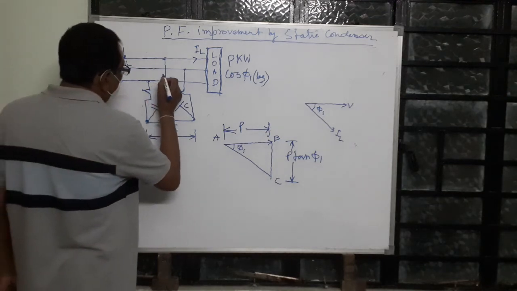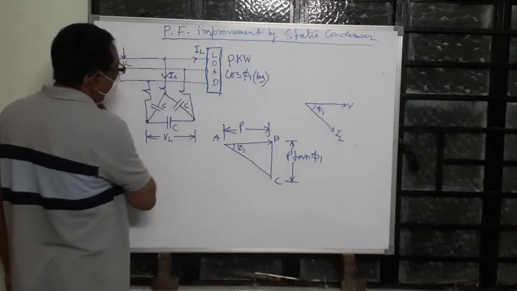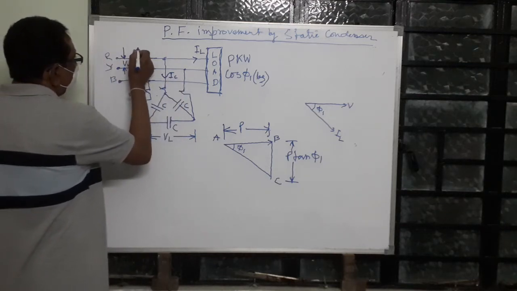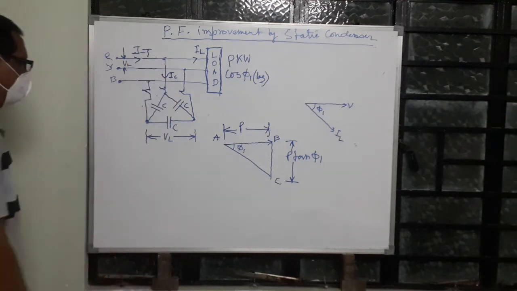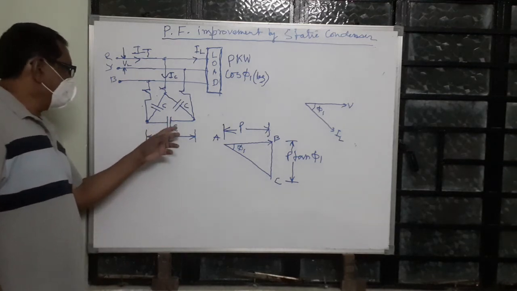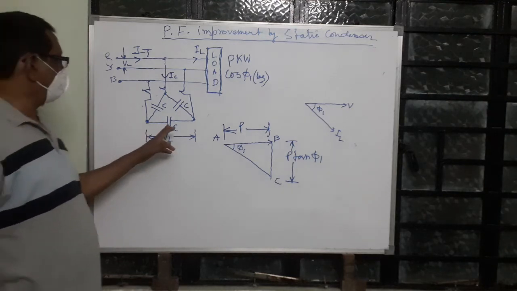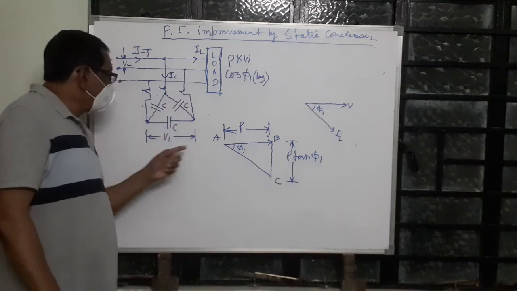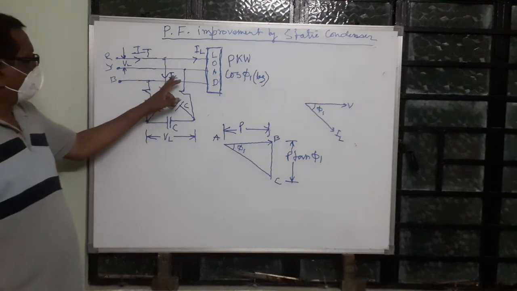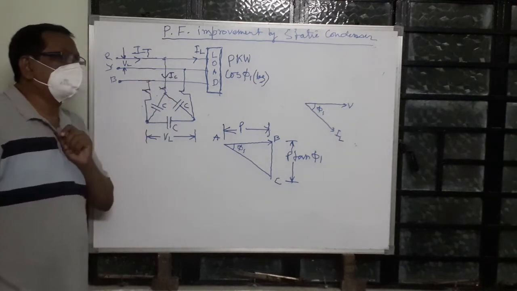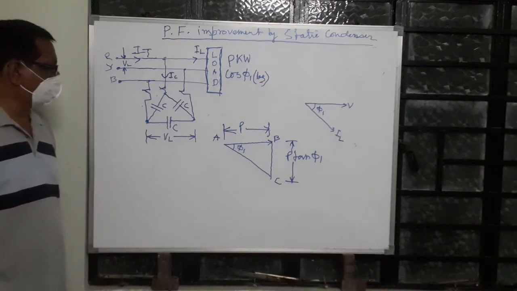Let the current flowing through the capacitor be IC, and suppose this is the total current IT. The capacitor does not take any power, so the power taken by the capacitor bank is 0. The static capacitor current leads the voltage by 90 degrees.